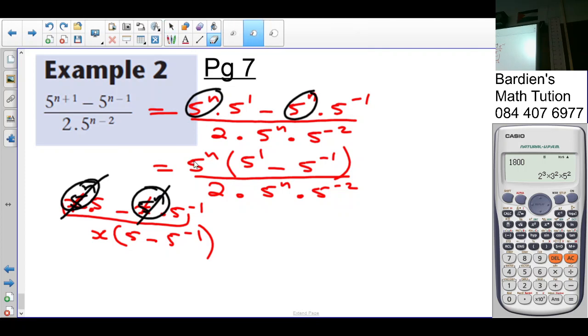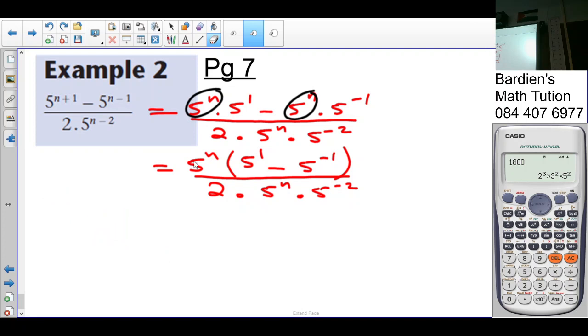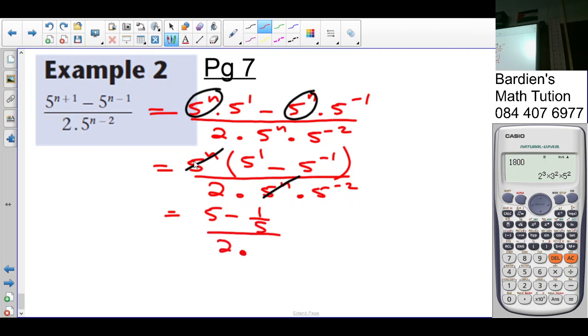Now what? Now what can we do? Cancel 5 to the n as a common factor. So what we get now is 5 minus 5 to the minus 1, which is what? 1 over 5. We just simplify it, no? Over 2 times 5 to the minus 2, which is what? 1 over 25.